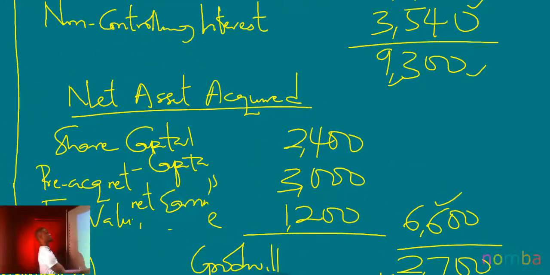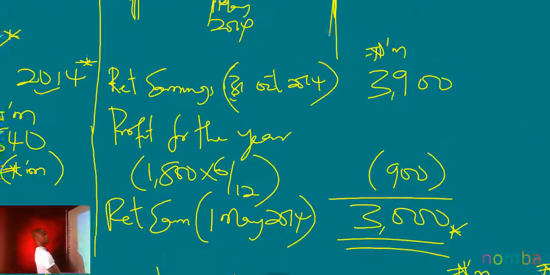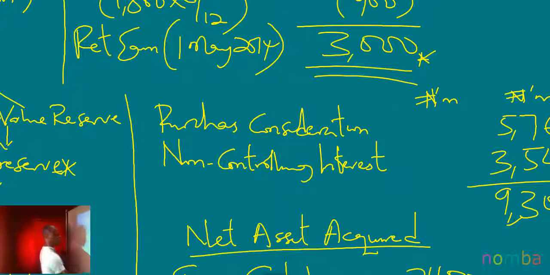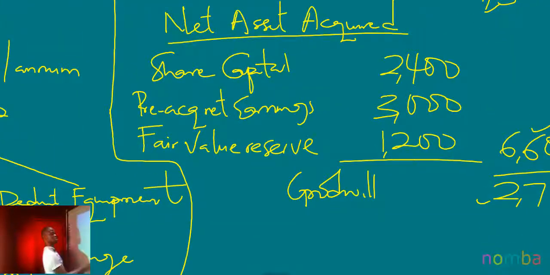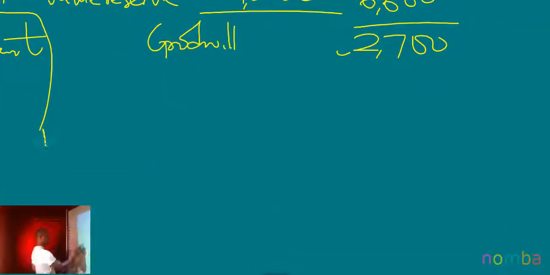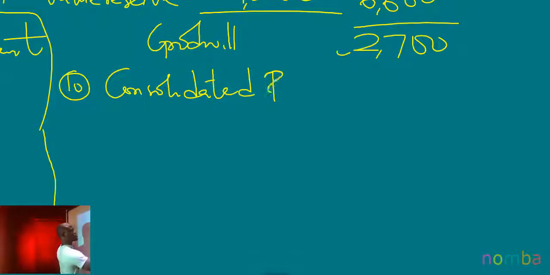Now, having determined that, this was workings 8, so this is workings 9, so workings 10 will be my consolidated retained earnings.